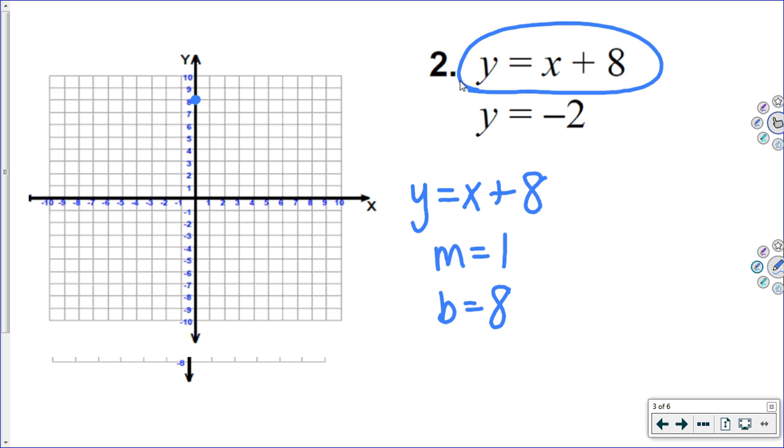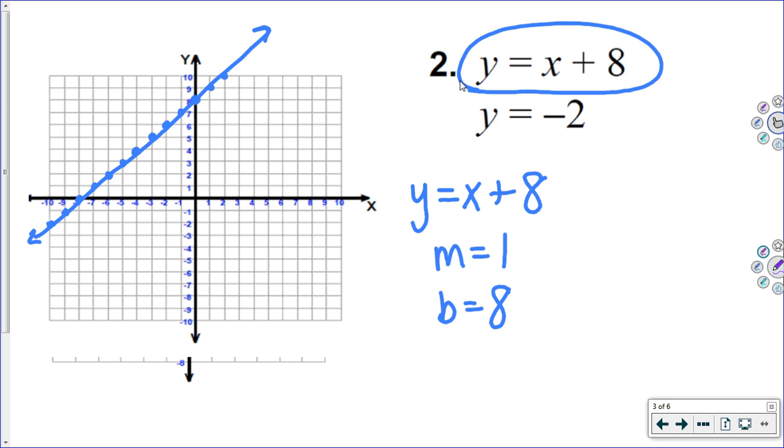My slope, rise 1, run 1, rise 1, run 1. I can also go in the reverse direction so I can get all of the points on the other side of the line. All right, so all of those blue dots make the line y equals x plus 8.